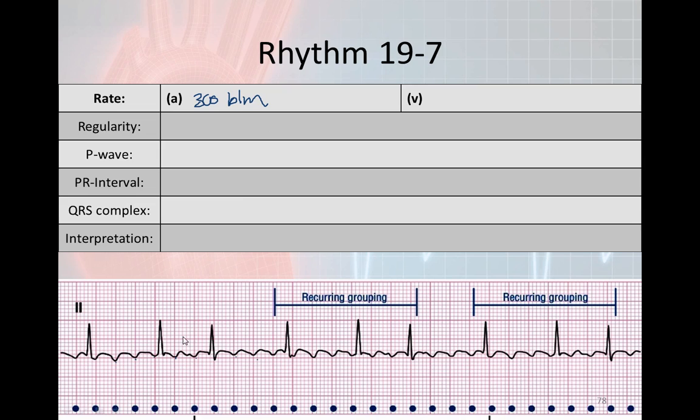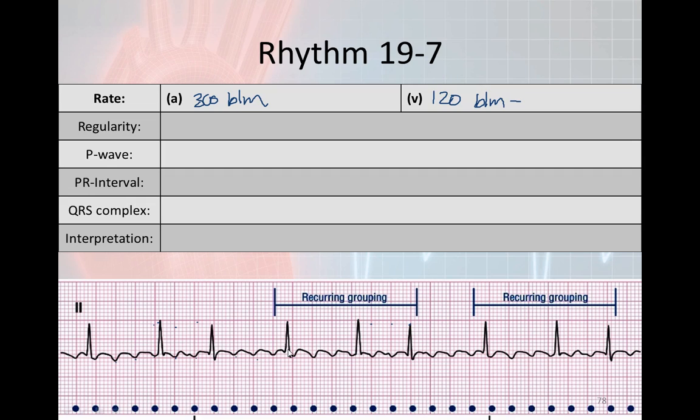The ventricular rate is irregular, which makes it difficult, so we should do a range. What is our fast range? We'll start here, 300, 150, 100, so we'll say 120. Let's start here, 300, 150, 100, so 120. Now what's our slow range?